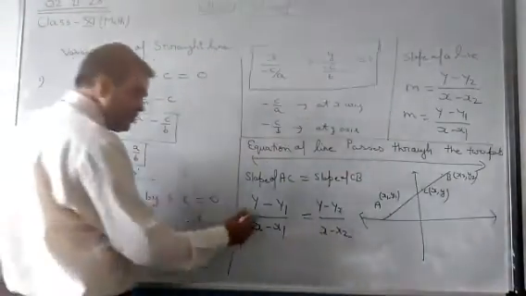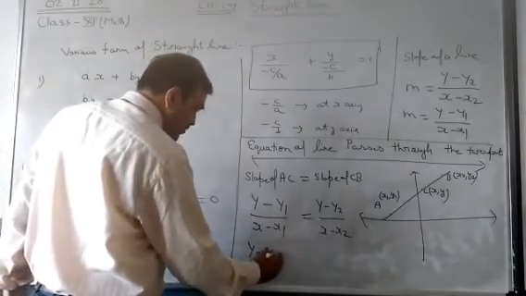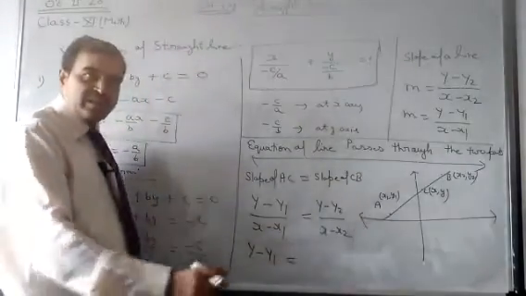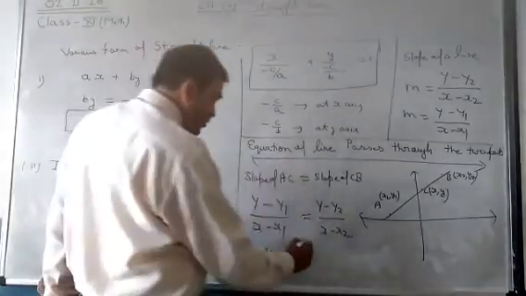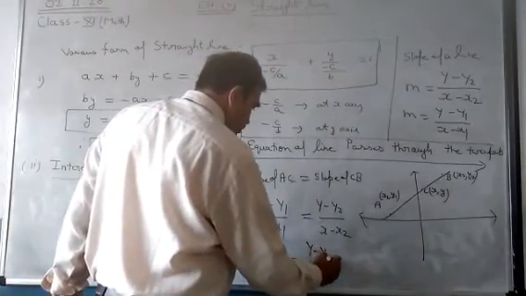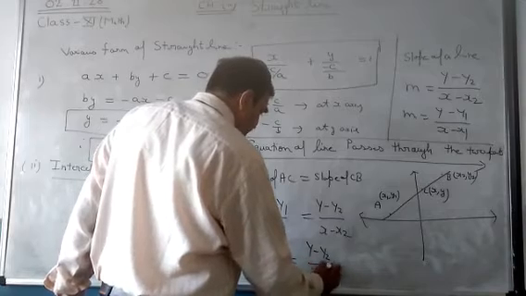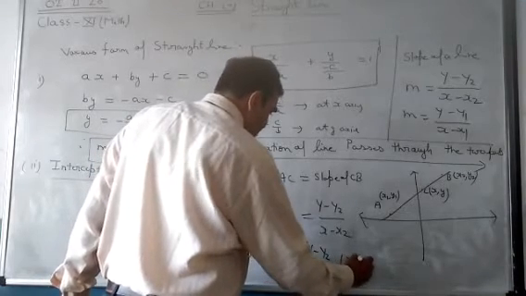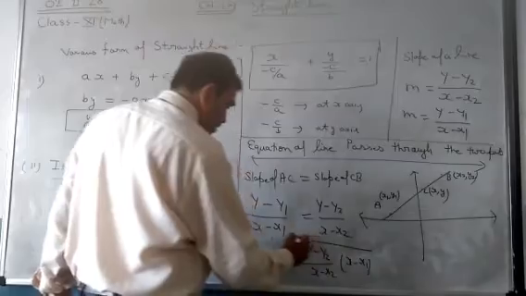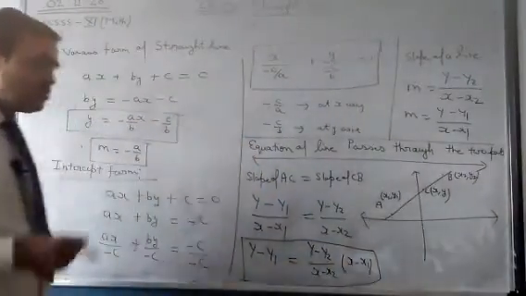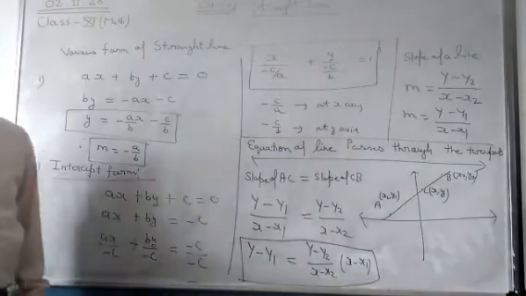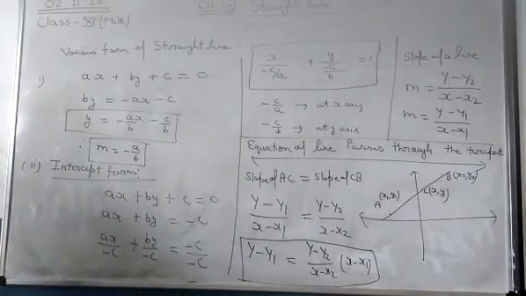This can be written as y minus y1 is equal to, by cross multiplication, y minus y2 upon x minus x2 in bracket x minus x1. This is the equation of line passing through the 2 points.